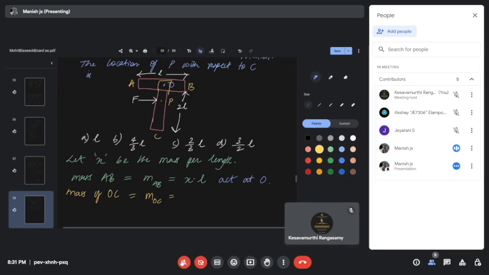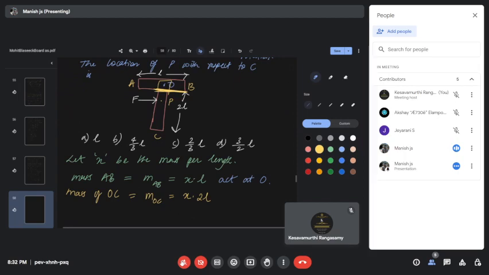Again, I told you it is same, mass per unit length is same, that is not going to change. It is x into length. This time length is going to be 2L if I'm going to consider from here to here. So only this point you will consider. So it is going to be 2L, x into 2L. Okay, that's it. So you consider that point.